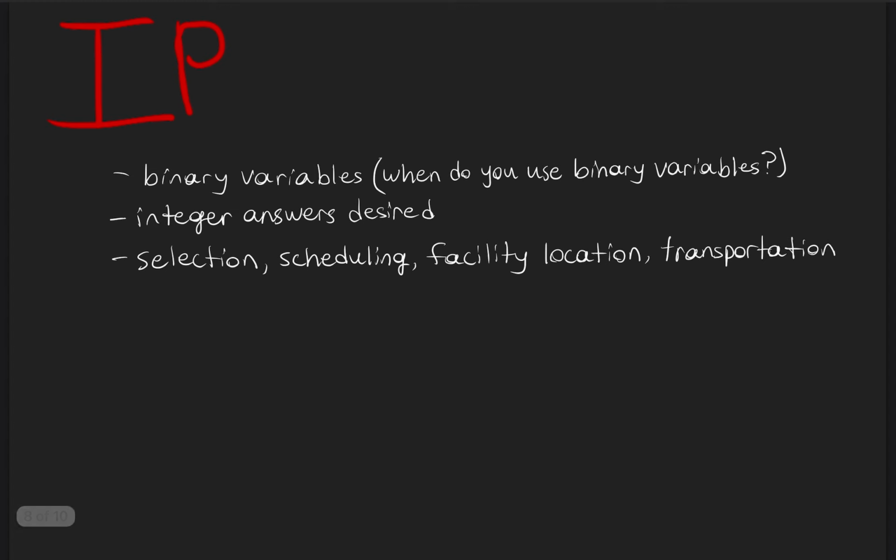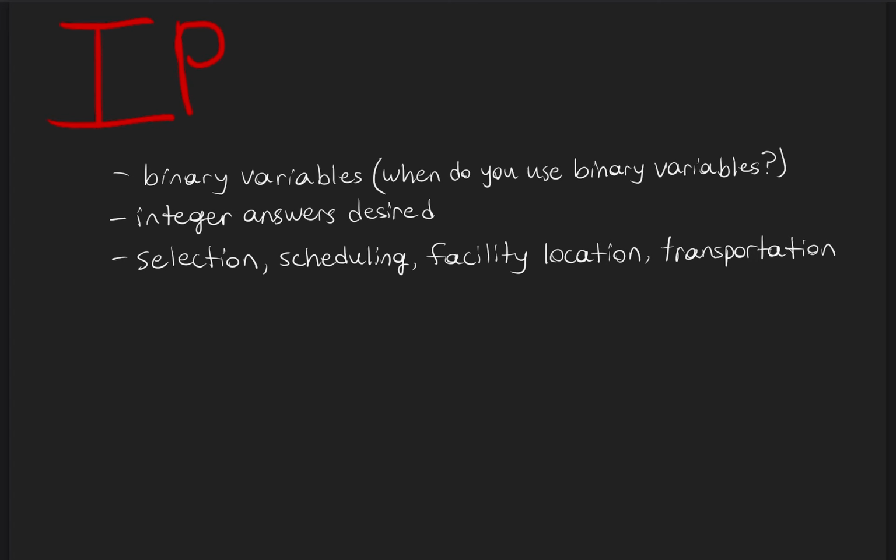Next, let's talk about integer programming. Integer programming is also pretty simple. Whenever there are binary variables, 0 or 1, where x is either 0 or 1, then you want to use integer programming. And you might be asking, when do you want to use binary variables?